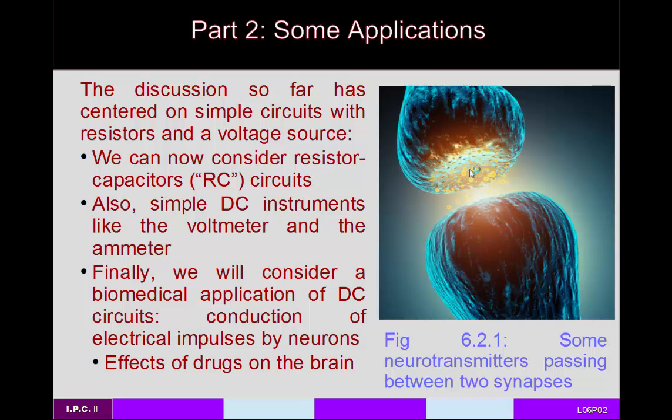I should say before moving on that this is often popularly depicted as if there's an electrical spark jumping from one to the other, and that is actually an incorrect depiction. What you see here is actually neurotransmitters moving from one to the other. So we'll see if we can get to that at the end.